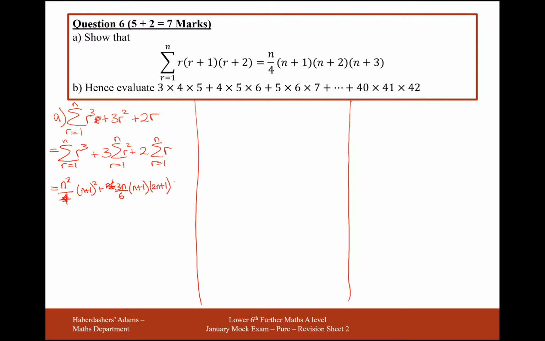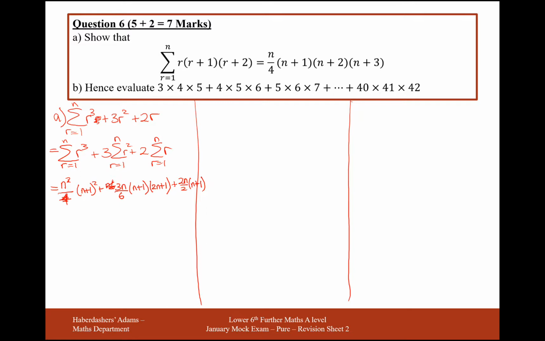And then for the last one here, it's going to be plus 2 lots of n over 2, (n plus 1). Okay, so we see here the 3 and the 2 have had to be multiplied at the start of their formulas because they have to be included as well.